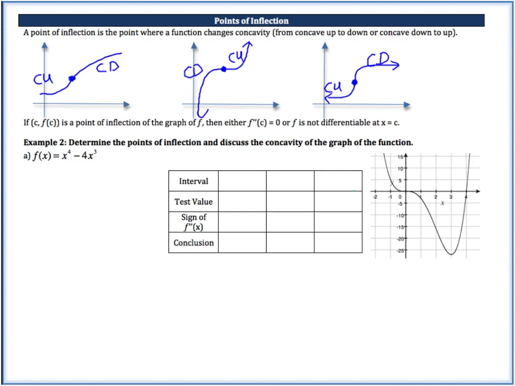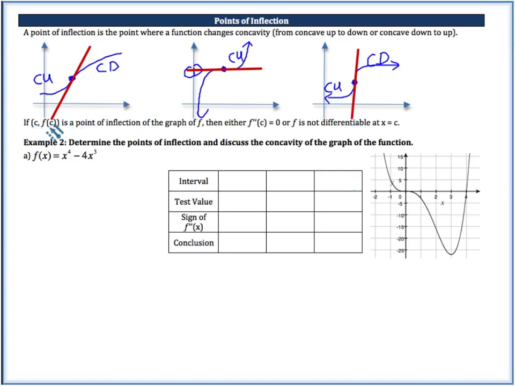Now one thing you're going to want to notice here is that if we drew the tangent line at the point of inflection, the graph crosses over from one side to the other side at that point of inflection. We can see that that's true here and it's true here as well.